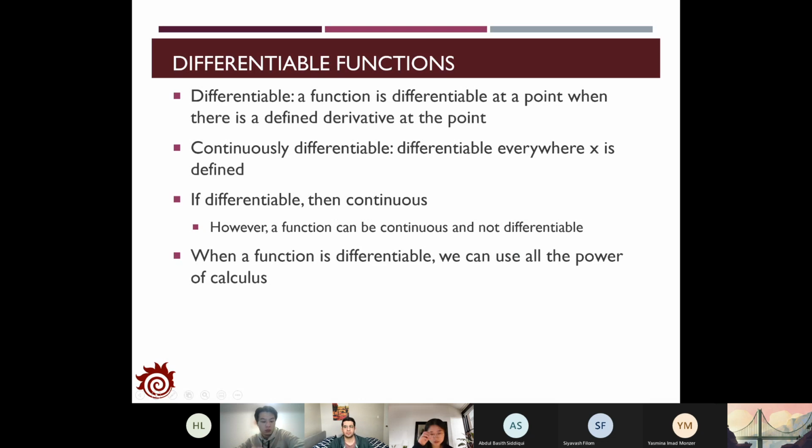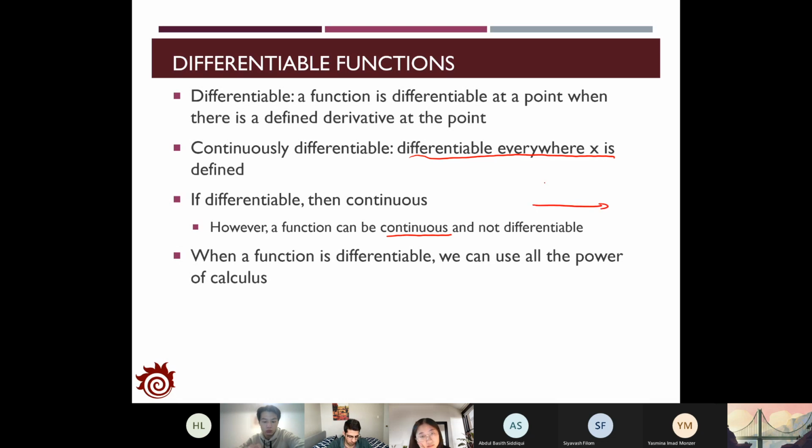I'm going to show you more details about what the derivative is. A continuously differentiable function means that the function is differentiable at any location of x based on its specified range. If the function is differentiable, then we say that the function is continuous. But on the other side, if the function is continuous, it does not necessarily mean that it's differentiable.